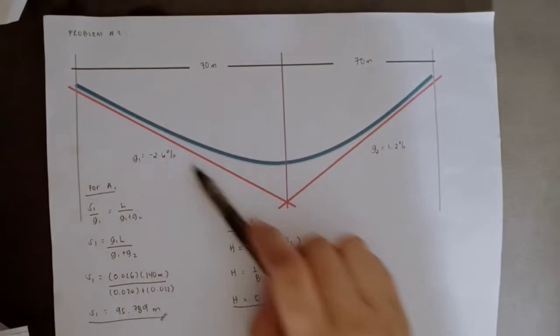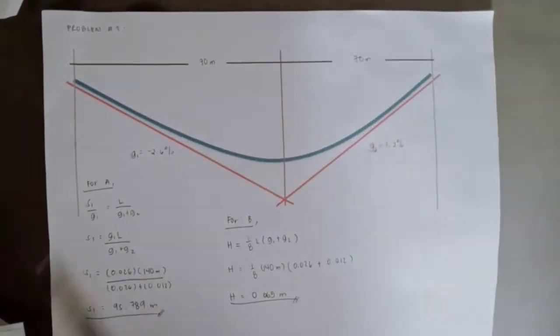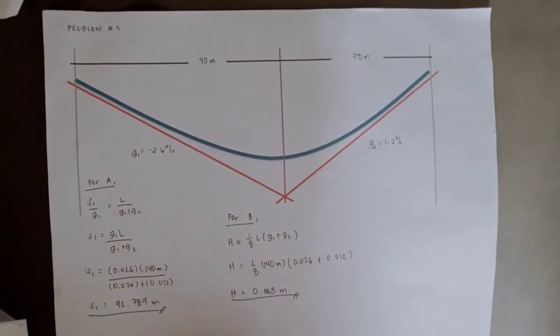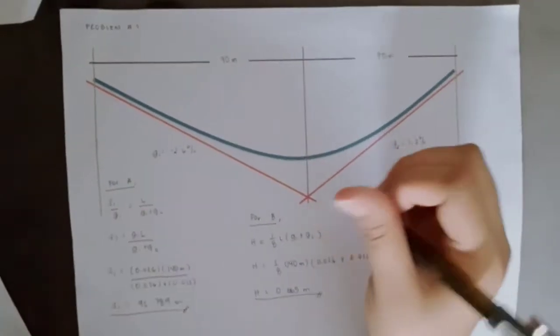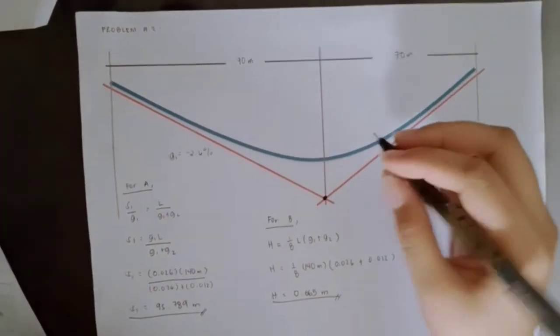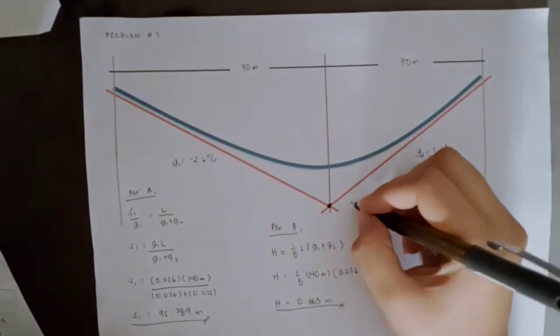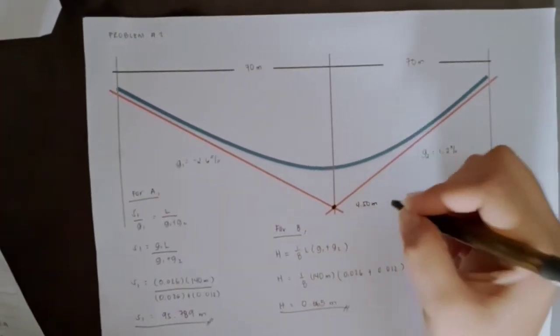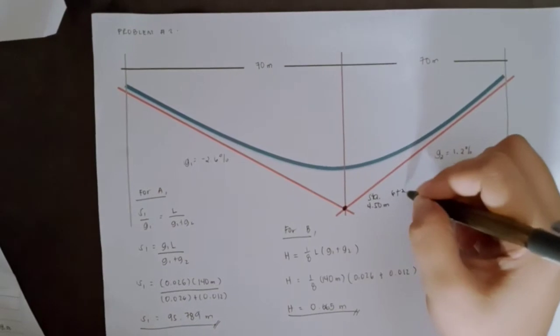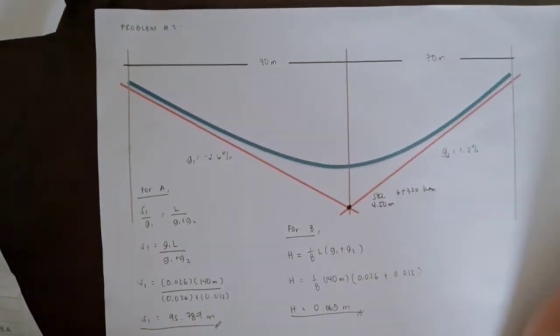Again, it is another sag curve because our first grade is a negative 1. Okay? And then, this is the PI, whose elevation is 4.50 meter, and then its station is 6 plus 300 kilometers.